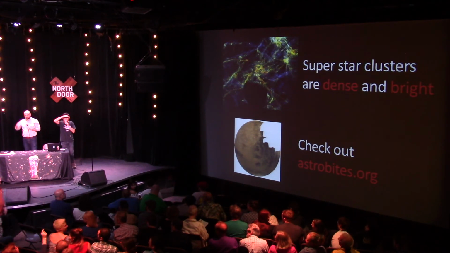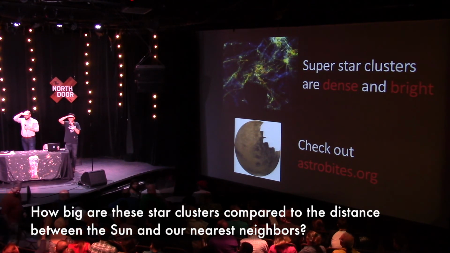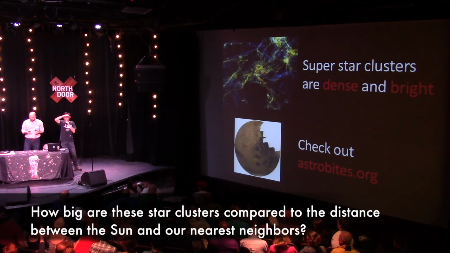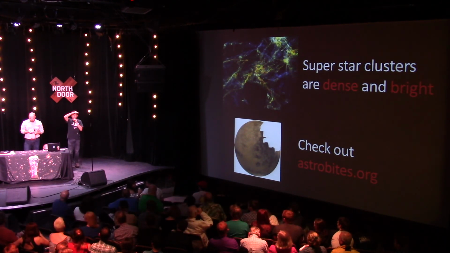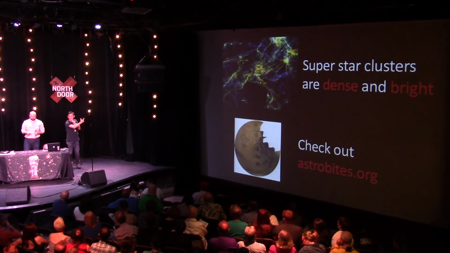Just curious, you gave the example of the Sun and Proxima Centauri. Are these stars much closer together than the Sun and Proxima Centauri would be, or about the same distance? They are much closer. The Sun and Proxima Centauri are about 4 light years apart, and these star clusters fit within that 4 light years.